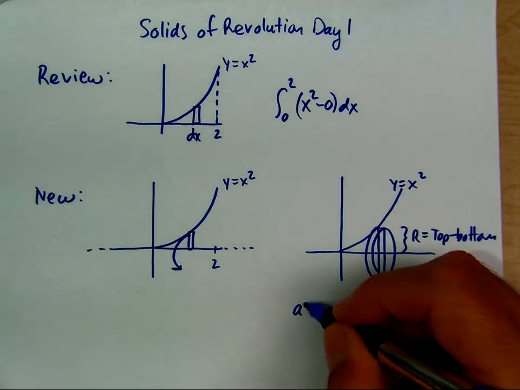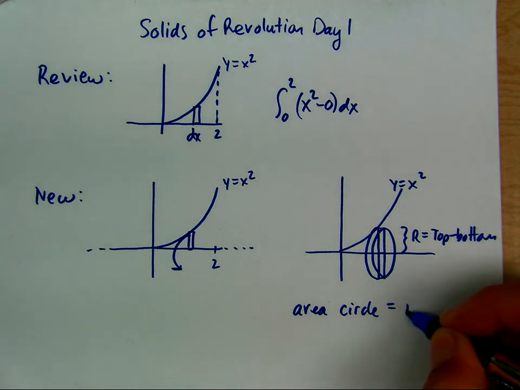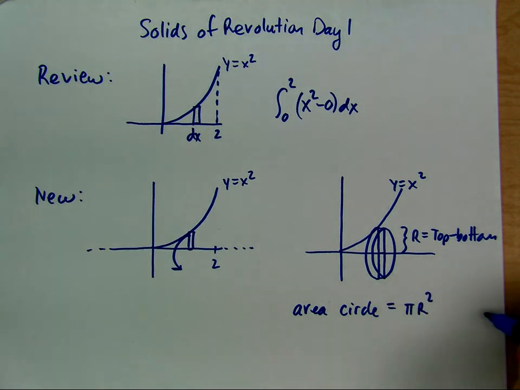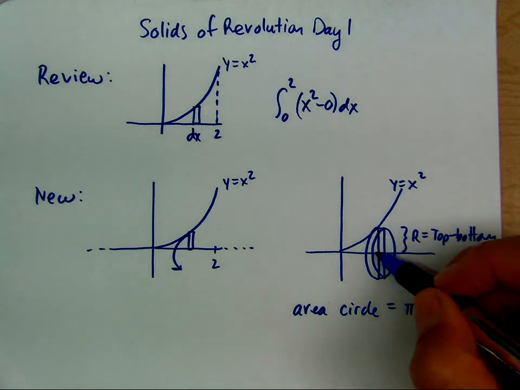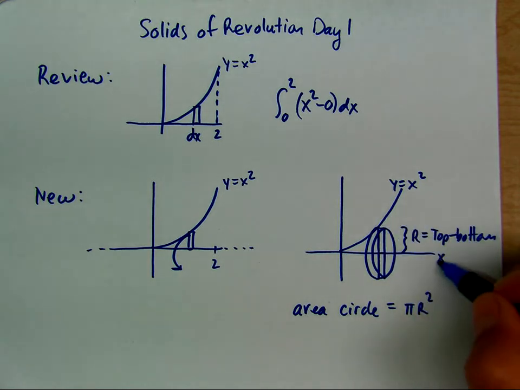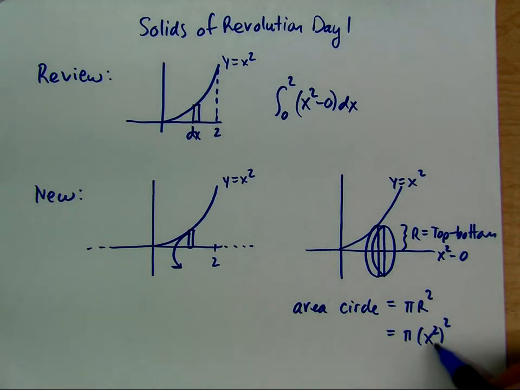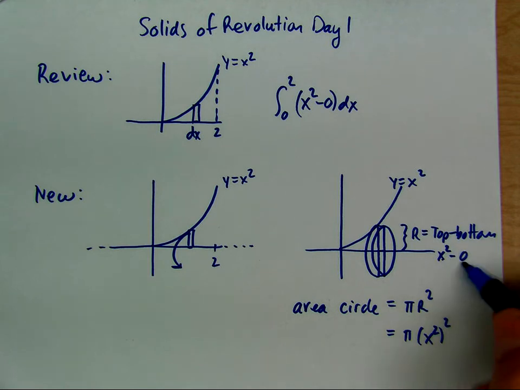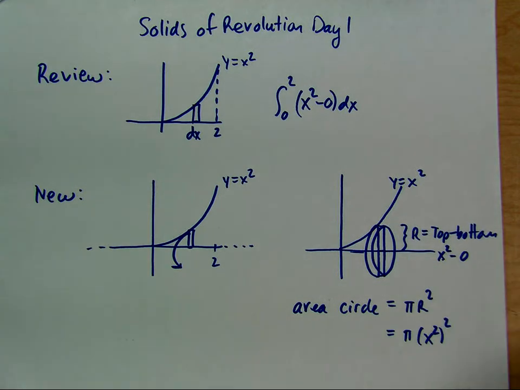We could say that the area of the circle is pi r squared, and here the top of the rectangle is x squared and the bottom is 0, so the area would be pi r squared, but r is x squared because the top is x squared and the bottom is 0. That gives us the radius.